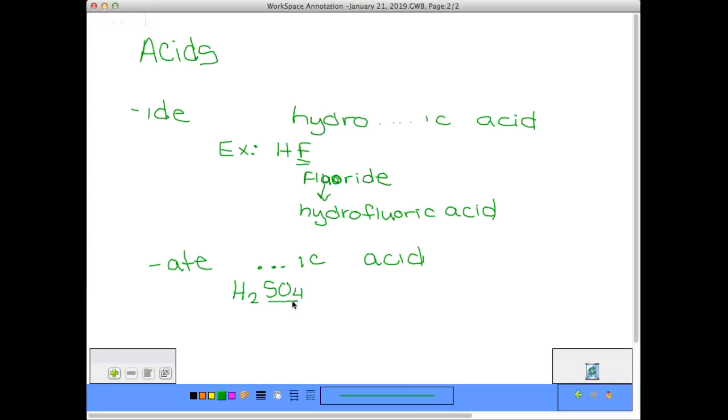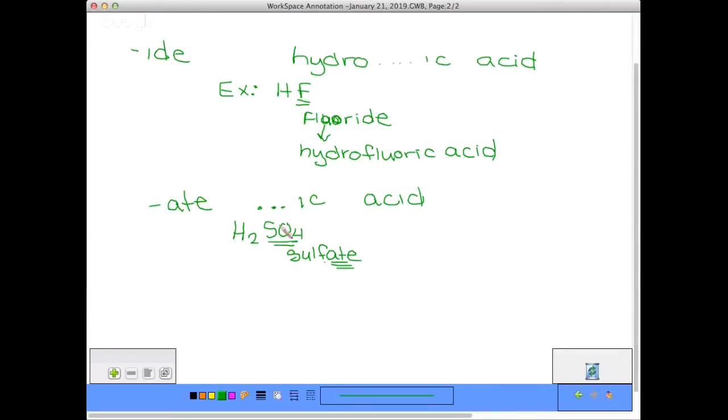H2SO4. This right here is sulfate. So we see it has that ate ending. And so if I were to name this, this would be sulfuric acid. So notice that I changed that ending to an ic.